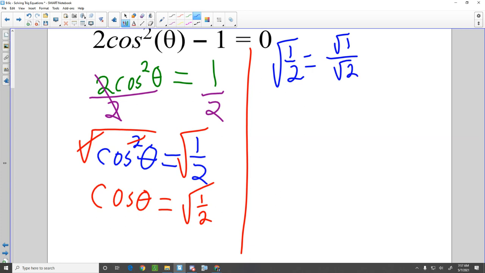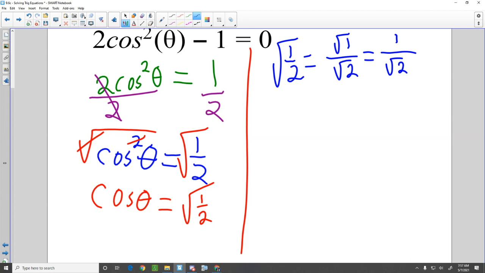You can simplify each of them on their own. Well, that's kind of nice because what's the square root of 1?